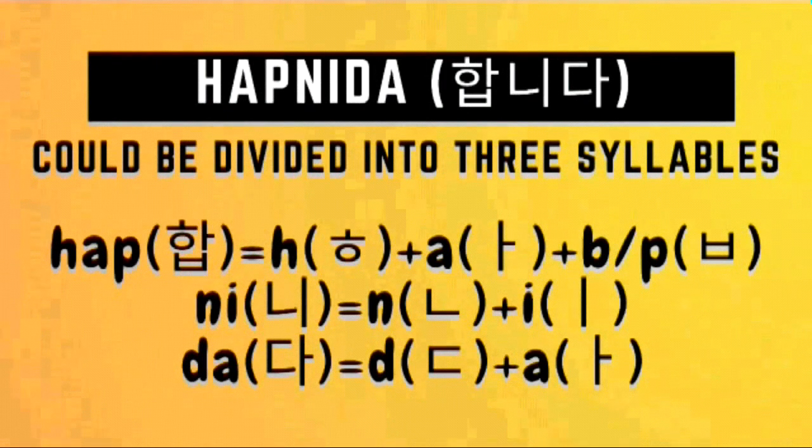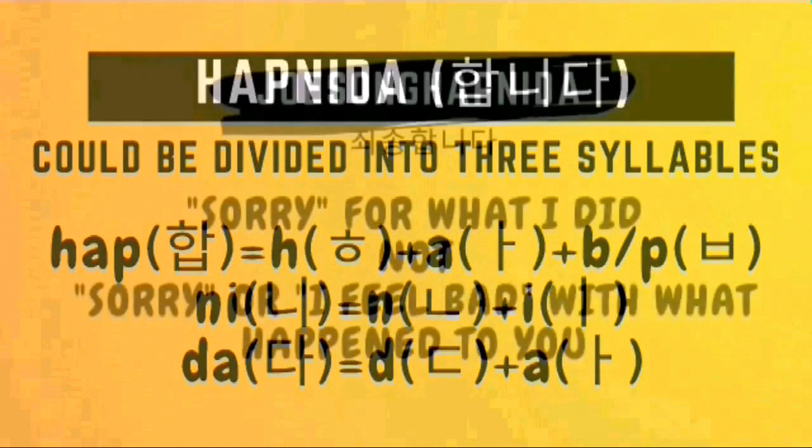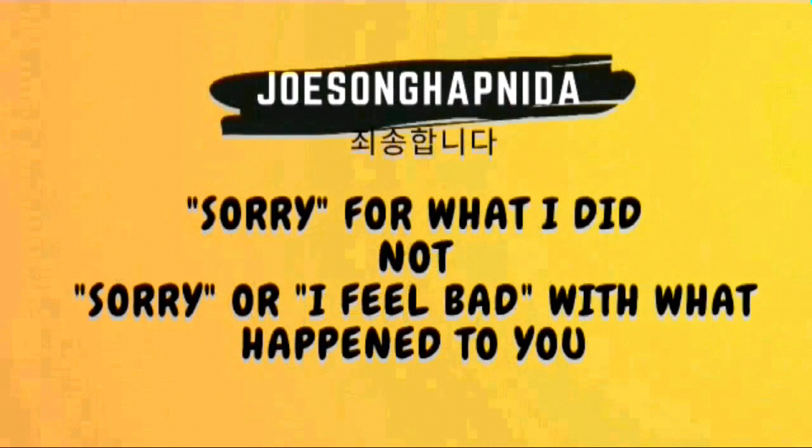But take note that since this biup character is followed by an iyang character, this is pronounced as ham instead of hap. Fourth syllable ni is formed from the combination of an iyang and e character, and da is formed with a dikkat and a. That's 죄송합니다.